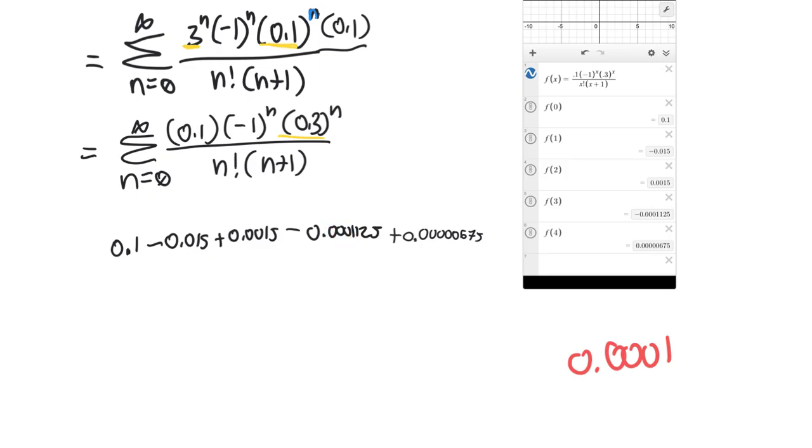Because the magnitude of this is greater. But this is the moment where we can be sure that this number is less than that. So therefore, if you add the first, what is this, 4 terms, it will be guaranteed that the error is going to be less than this.